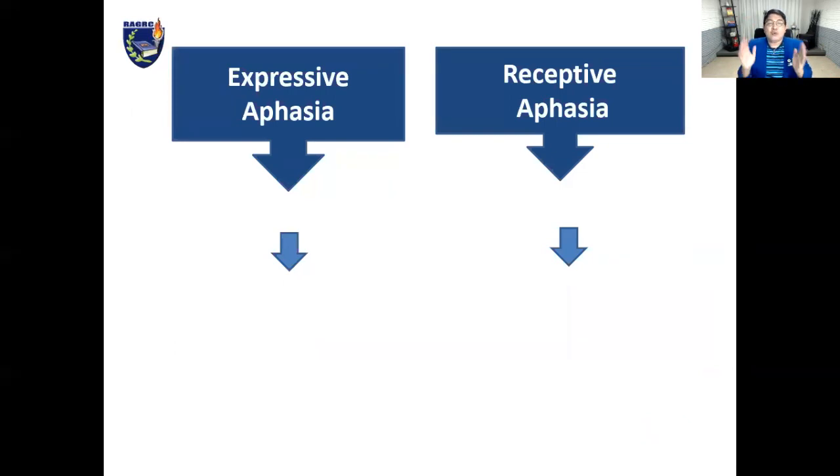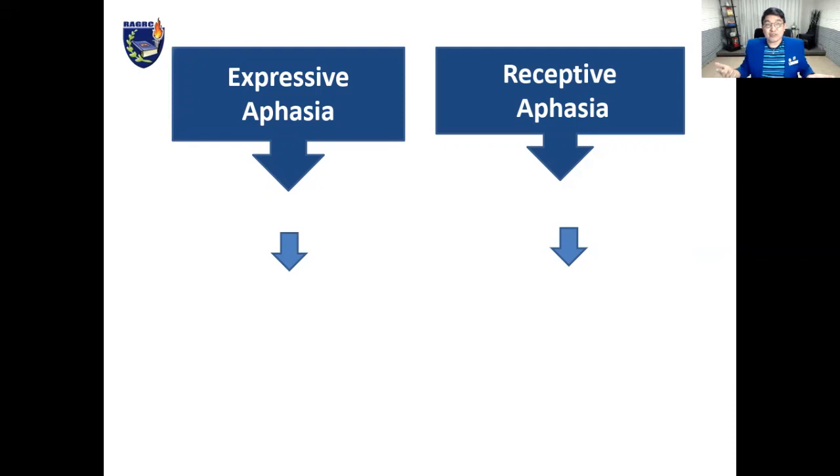Now, the most important thing that you have to remember when you are studying the different parts of the brain is to associate it with our daily functions. And one of our daily functions would be to communicate with others, such that when there's an impairment in the brain, that specific function gets impaired too.